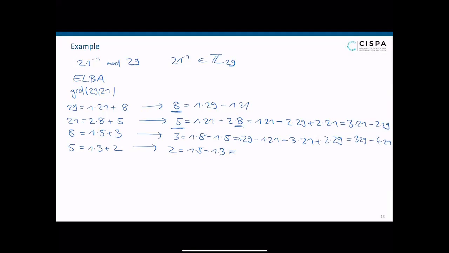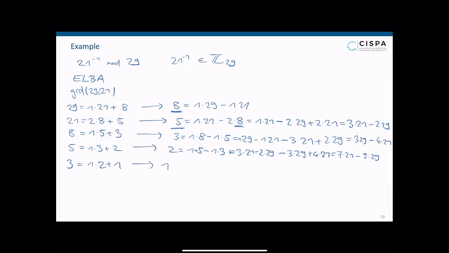So let's write this: 3 times 21 minus 2 times 29 minus 3 times 29 plus 4 times 21. This is just 3 plus 4 is 7 times 21 minus 5 times 29. Good, we're almost done. Of course, when we do a division with rest, 3 divided by 2 is 1 times 2 plus 1.